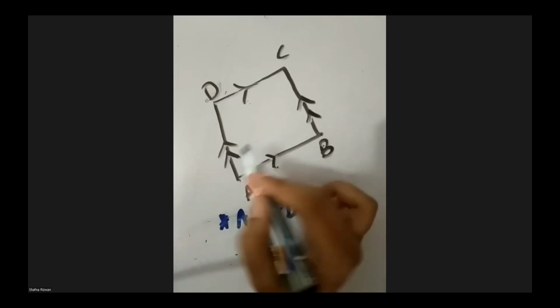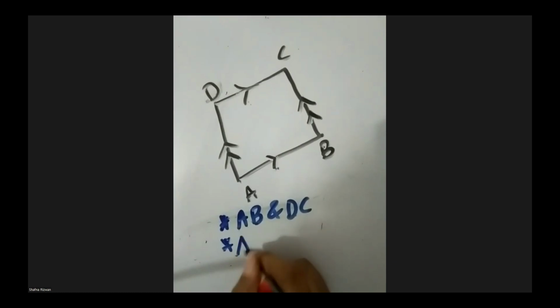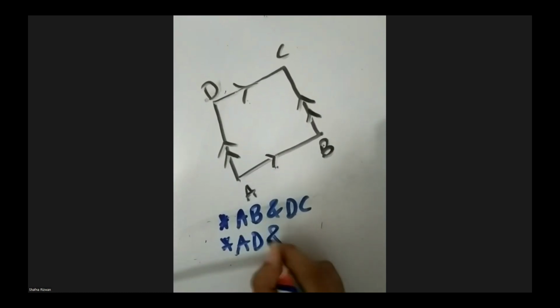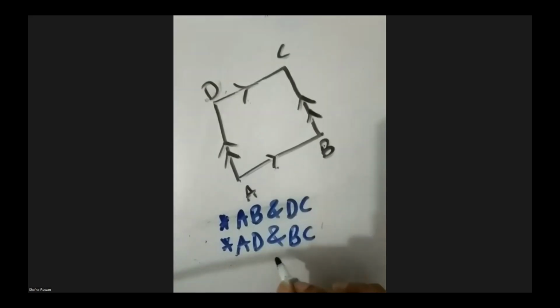This AD is parallel to BC. So what will be your answer? AD is parallel to BC. So these are the two pairs which are parallel to each other.